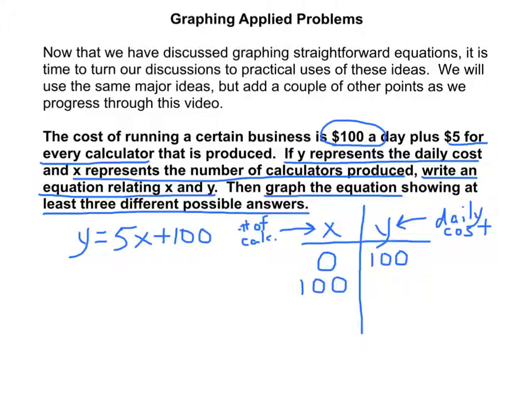If X is equal to 100, then Y is equal to 600, putting 100 into that equation. And then I'm going to try 200. If X is equal to 200, then Y would be equal to 1,100. So I do have now 3 different possible answers that would work, and now I need to work on graphing the equation.